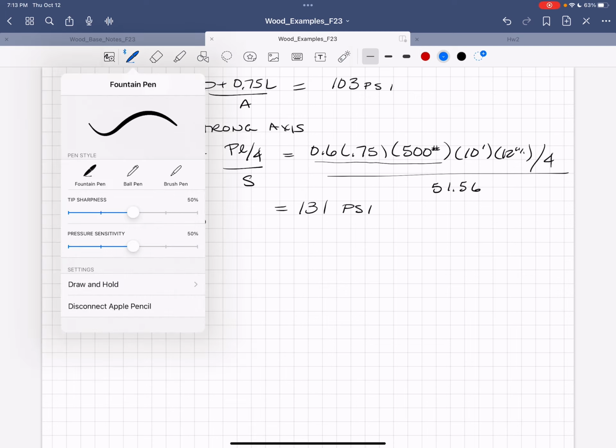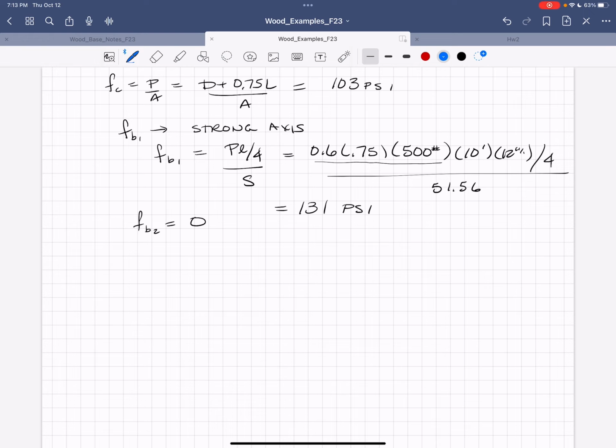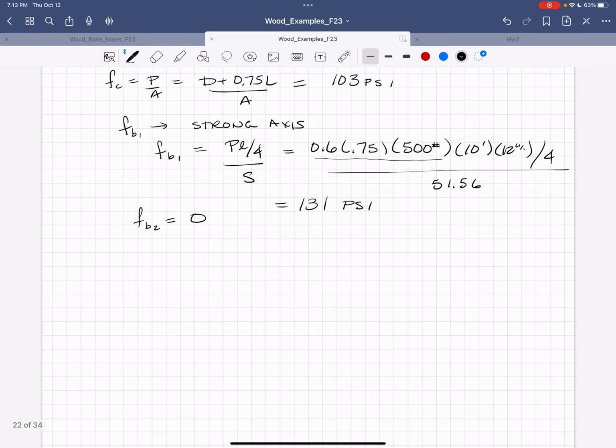So we need to check bending alone. We check axial alone just to make sure that those are fine. And then now we're going to look at the combined case, because they have to go under a higher load case. Now F sub C prime is going to be 1150 times a lot of ones, and then you can recalculate your C sub P in here, and I'm going to let you do that, and you get 1306 psi.